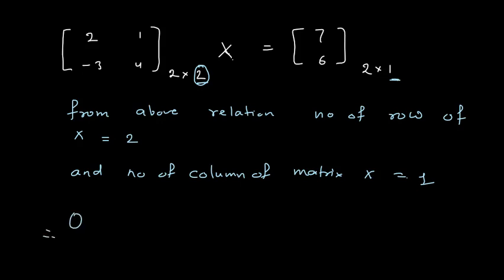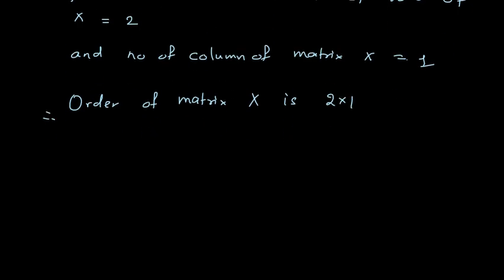So therefore the order of matrix x is 2 cross 1. Okay, so let x be 2 cross 1; let us take this x as [a; b].